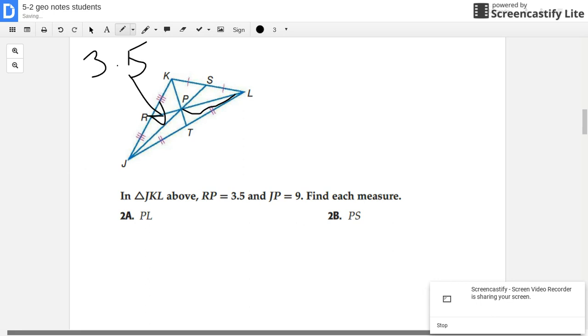This is bad writing, I'm sorry. So if RP is 3.5 and RP is 1/3 of it, a little secret: if the small part is 1/3 and the other part is 2/3 of it, all you have to do to find the larger is multiply the smaller part by 2. So PL would equal 7.